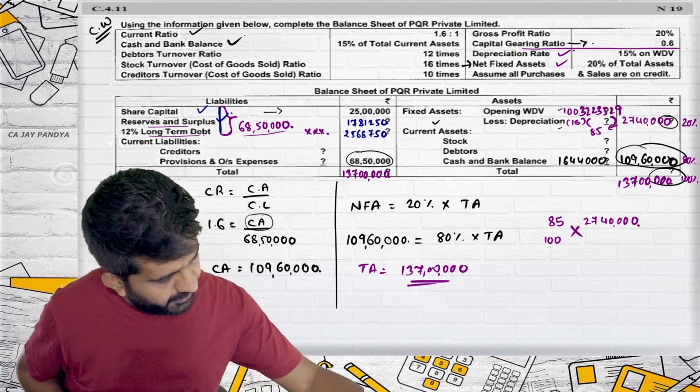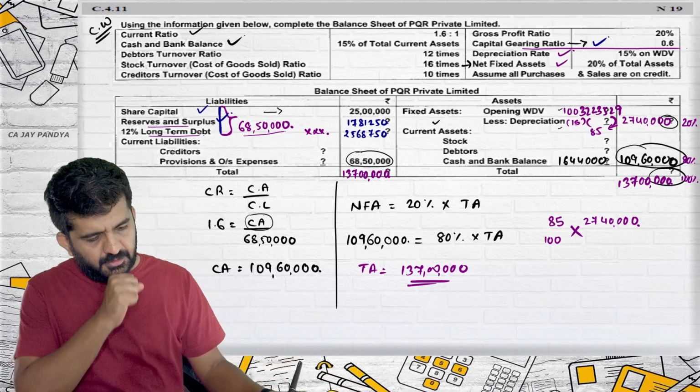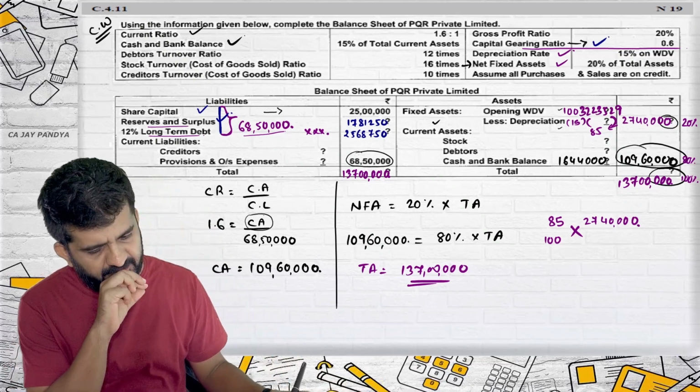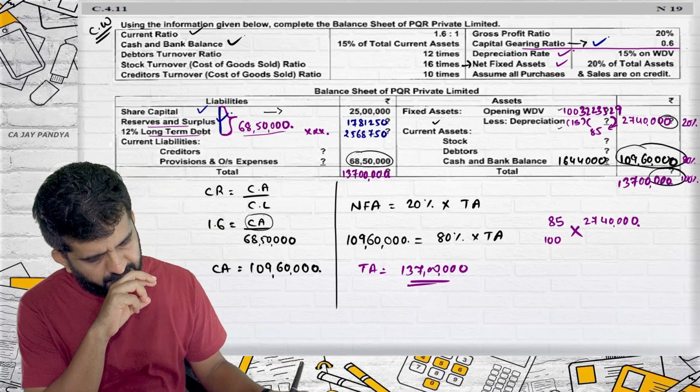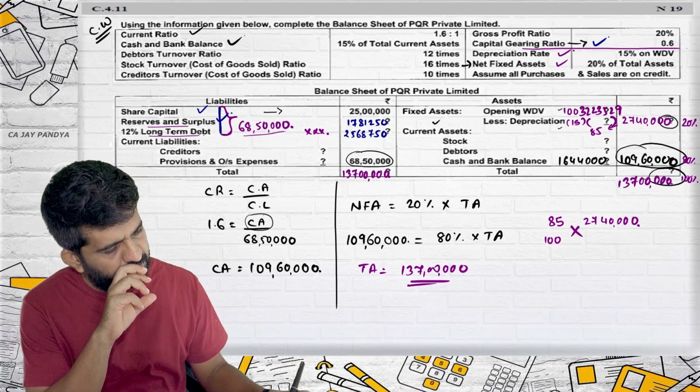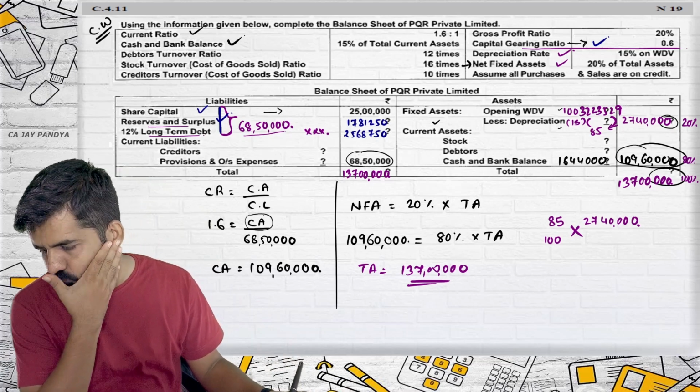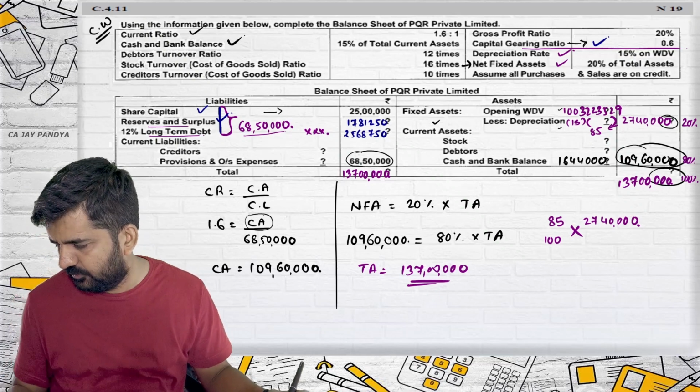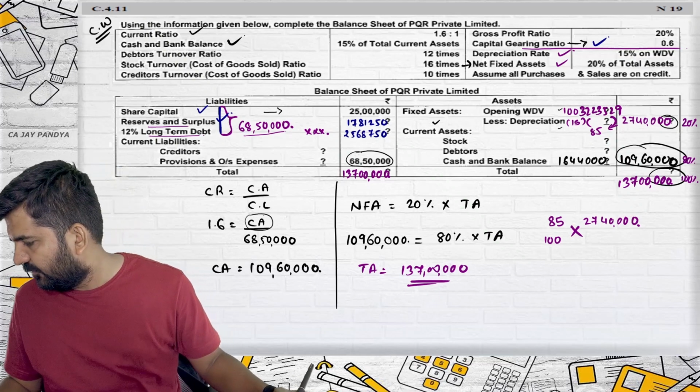Alright, so I have used this capital gearing ratio, debtors turnover ratio, stock turnover ratio, creditors turnover ratio, GP ratio. This is typically how I have found out sales.